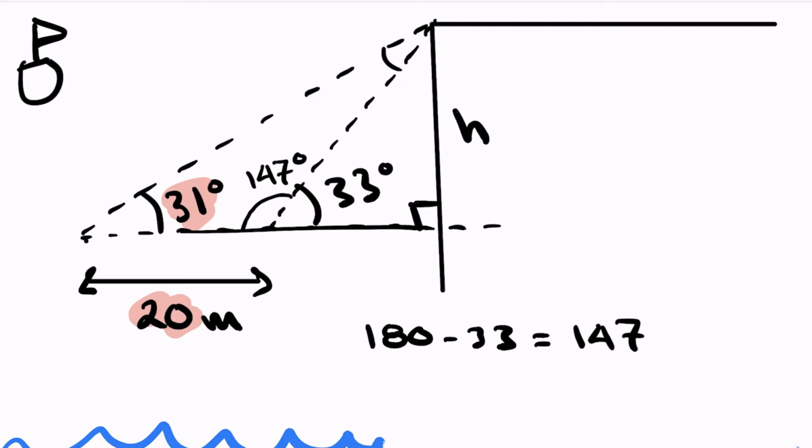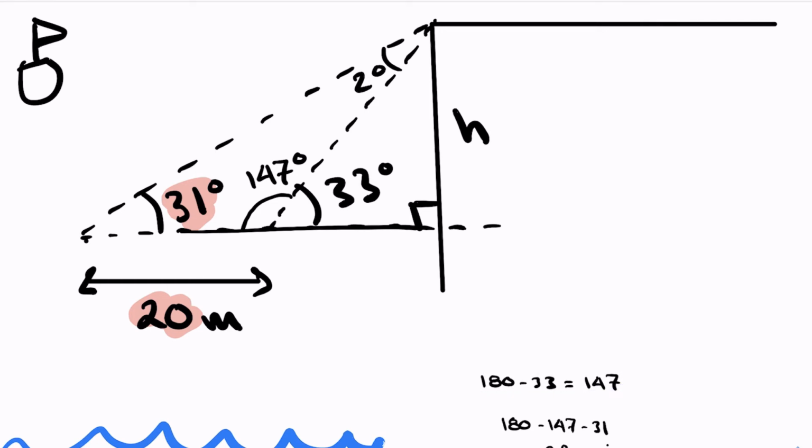That's 180 minus 147 minus 31, which I think is 2 degrees, right? So this little guy here is going to be 2 degrees. Very, very small, but still some angle. Let me make these a bit smaller, just to minimize their importance because we were done with that.